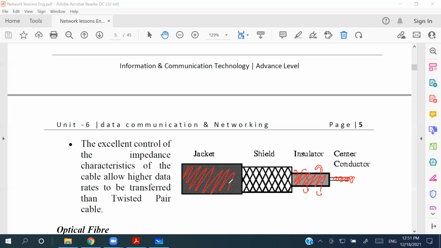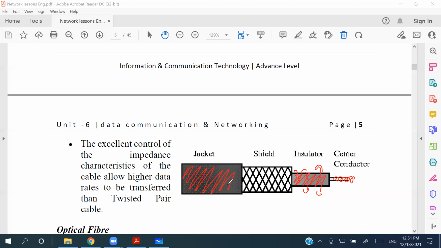These coaxial cables are highly used as antenna cables. Even in my childhood we had an antenna, and the cable coming from the antenna was connected to the television. Then only we were able to see the television, with some interference and all these things, right?